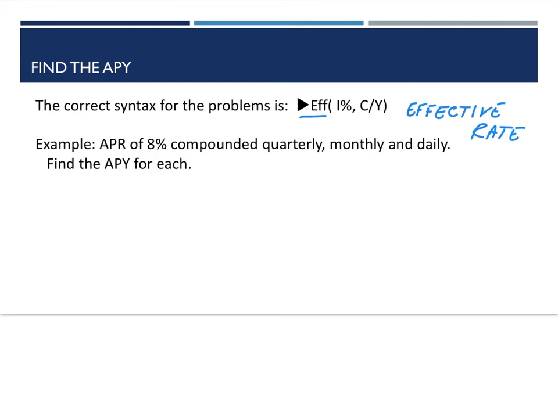So if I want to find the APY for 8% compounded quarterly, I get my command with the EFF, and I type in 8%, and my CY for quarterly would be 4 times a year. And that should give me 8.24%, or something close to it, just like I found when I did it by finding the relative change.